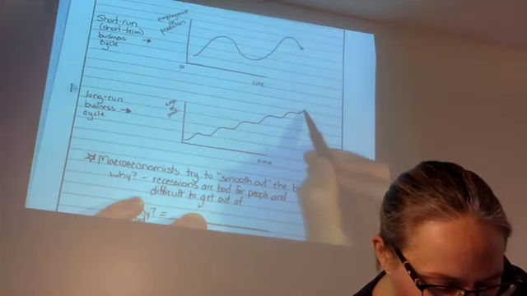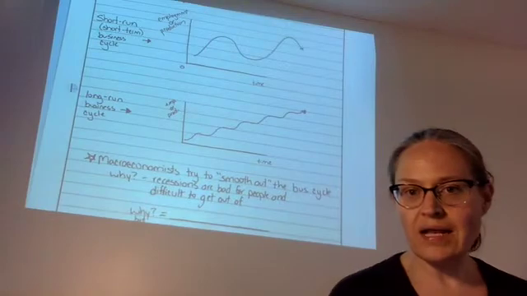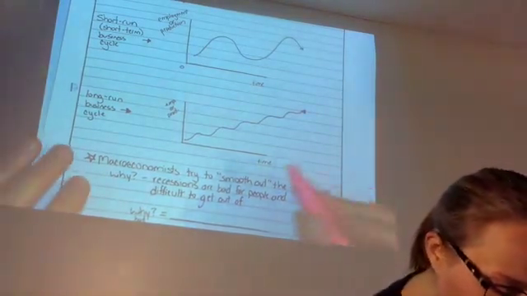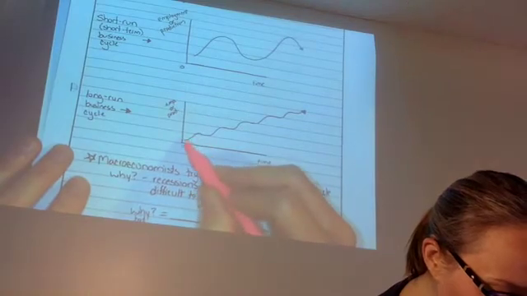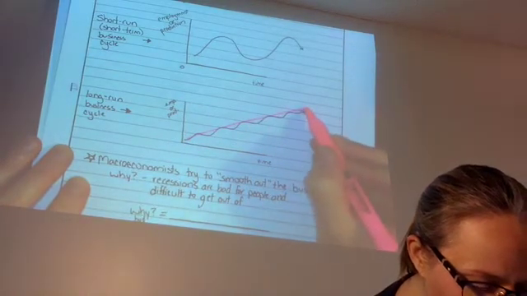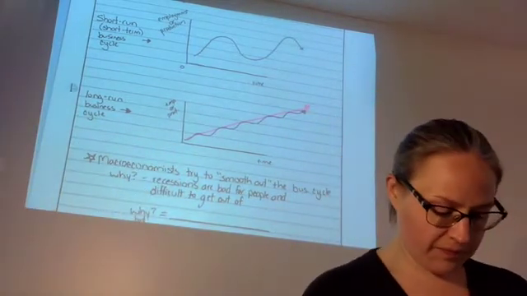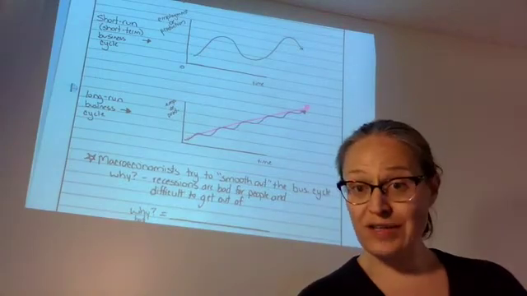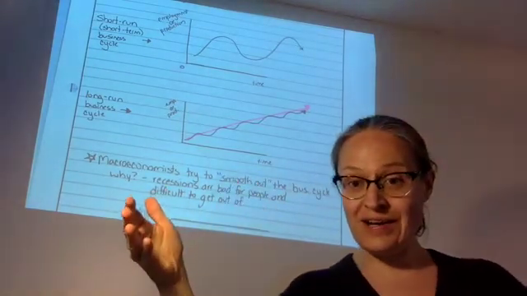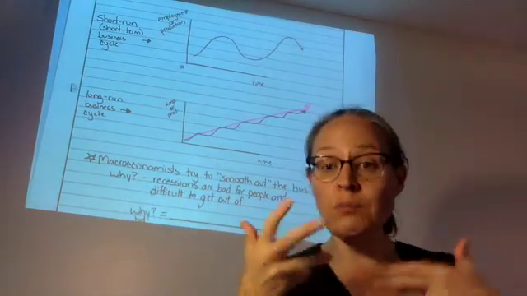But do you notice that the overall trend or direction of this, yes, it's going up and down, but over the long run, over many, many years, our overall trend is going up, which is important, because that means that our economy is getting bigger. And it's important that our economy gets bigger for 2 reasons. 1, we want to improve our lives.